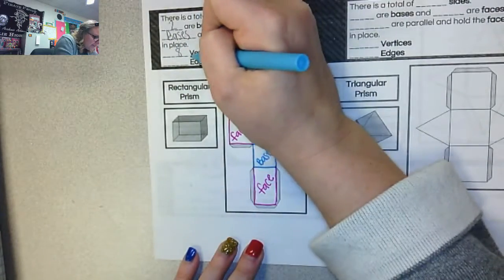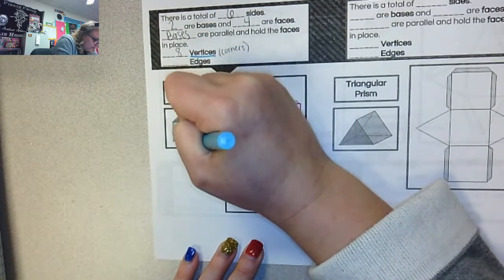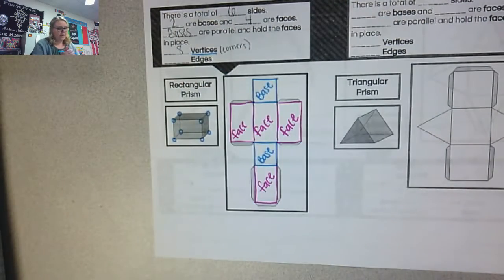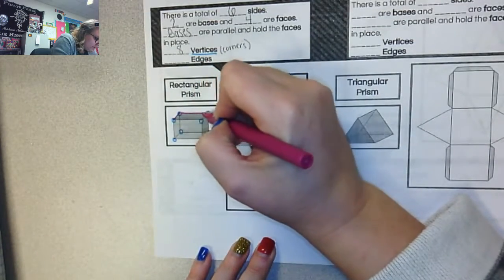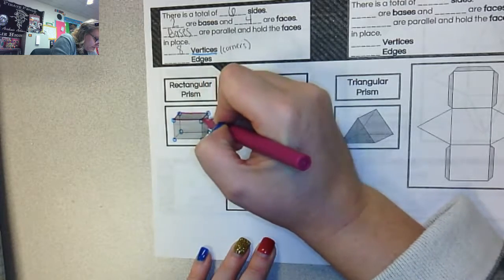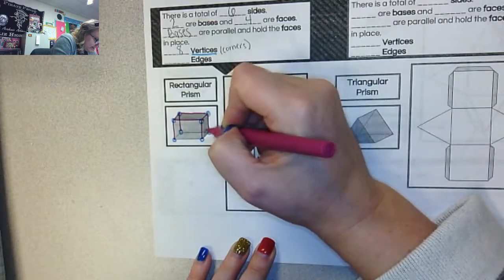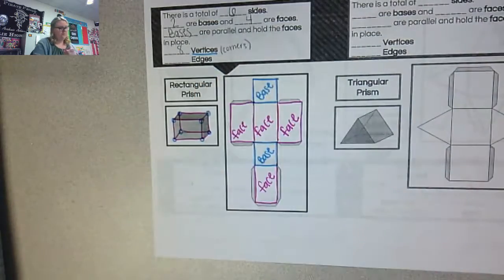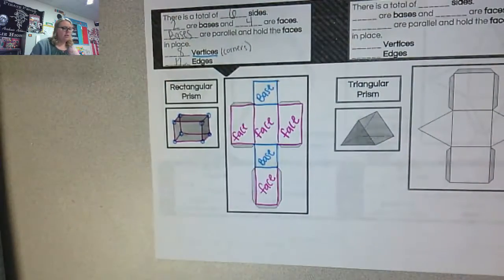Edges are where the faces come together when you fold it together. So you have 1, 2, 3, 4, 5, 6, 7, 8, 9, 10, 11, 12. So you have 12 edges. So that's for your rectangular prism.